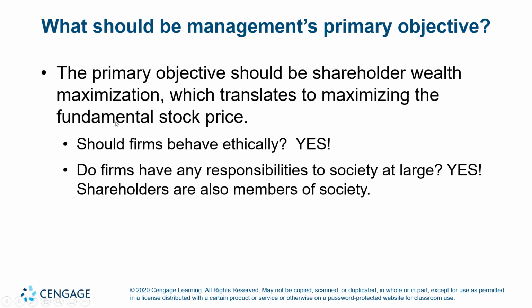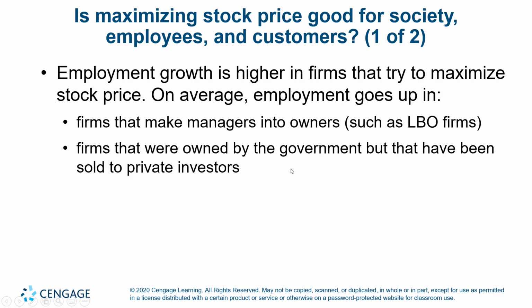The fundamental stock price is the intrinsic value of the firm, the intrinsic value of the stock, while behaving ethically and not shirking responsibility to society. So maximizing stock price and maximizing wealth is considered the objective of the firm.